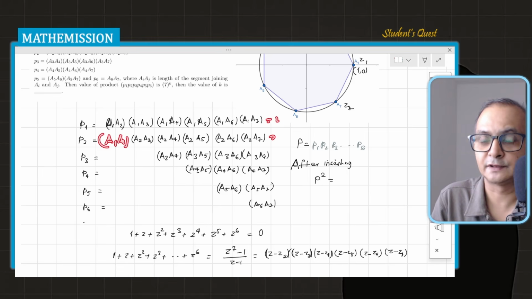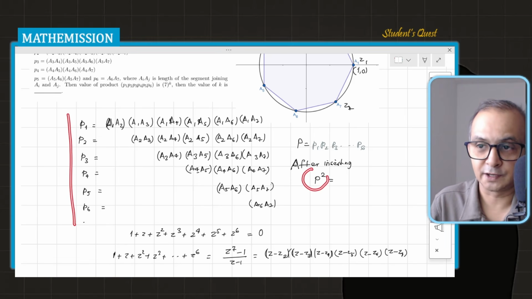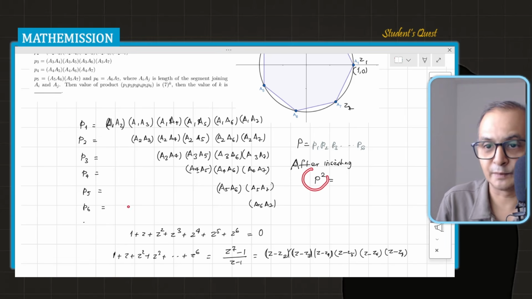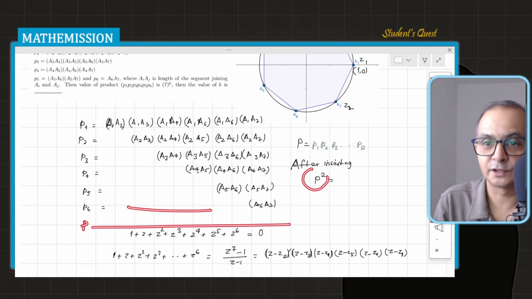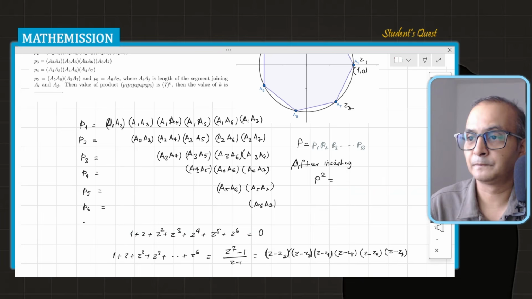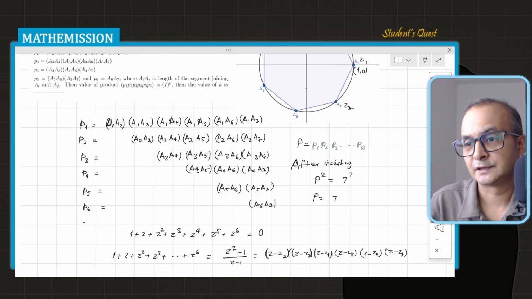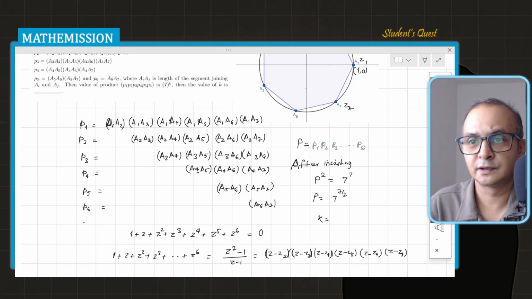So this is 7, 7, 7, 7, 7. Take 6 times, but P square will not come because there's something missing here. That's why we are adding one more time to get this whole square completed. So P square will become 7 to the power 7, so P will become 7 to the power 7 by 2. What they're asking is 7 to the power K, so K should be 7 by 2.